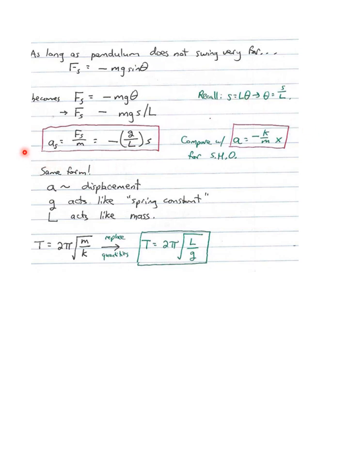So here we have it that the restoring force, this is from the previous page, is negative mgs over L. We can now think what the acceleration is, the force divided by mass, and that becomes negative g over L times s. So negative the strength of gravity divided by the length of the pendulum times the arc length. Compare that with, for a simple harmonic oscillator, acceleration is negative k over m times x.